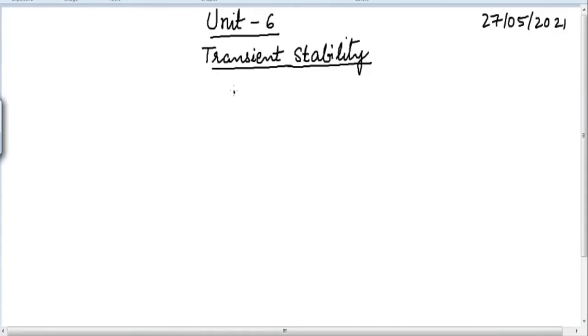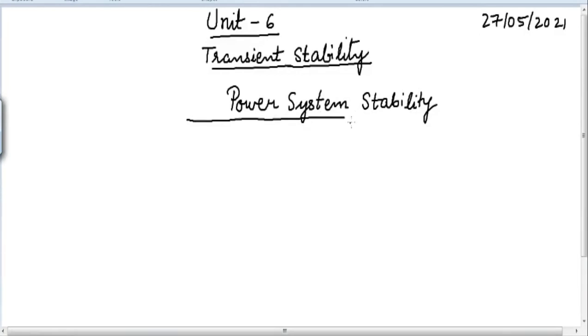Power system stability can be divided broadly into two types.